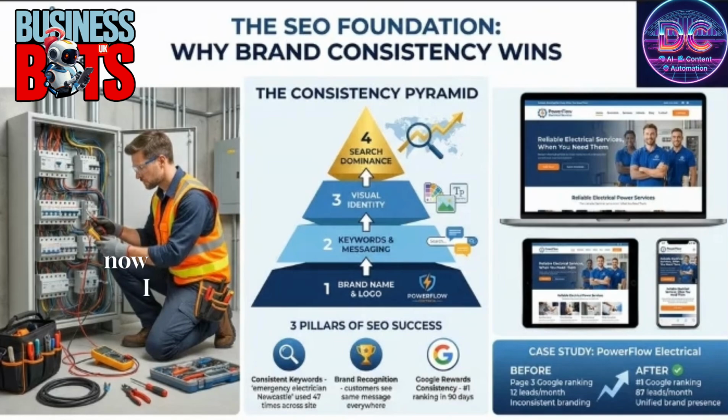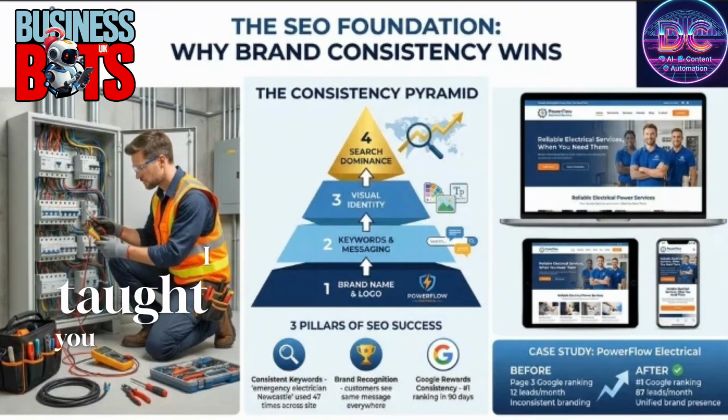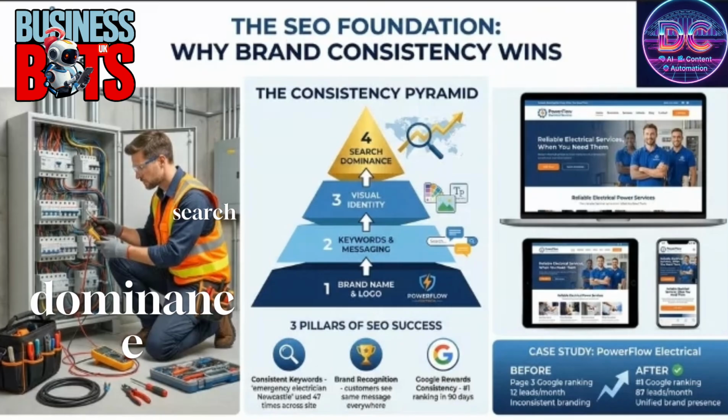Now, I want you to focus your eyes on the consistency pyramid in the middle. Most business owners I talk to regularly want to jump straight to level 4. Search dominance on page 1 of Google.